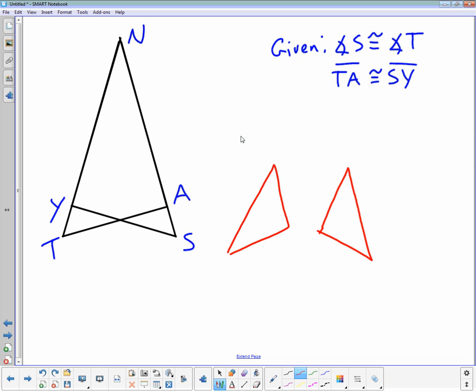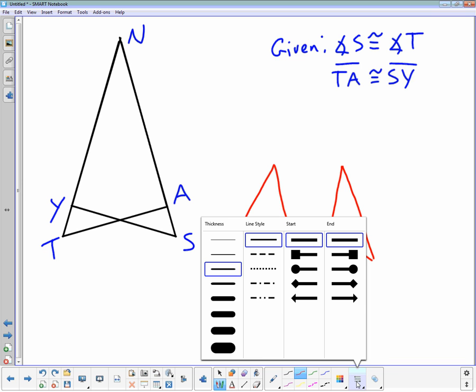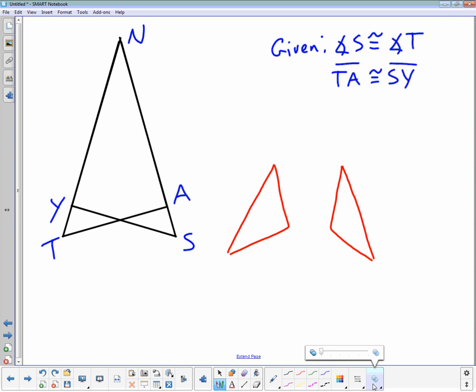It's hard to draw when you're that close to it. They kind of look like that, right? If I take the two triangles and split them up, I have this triangle, and I've got that triangle.